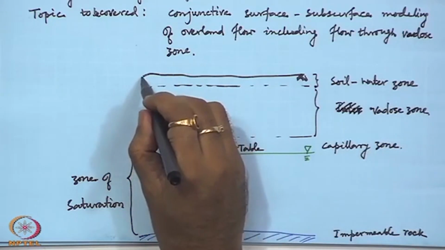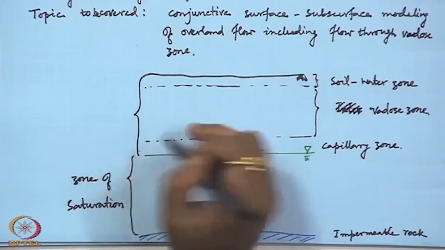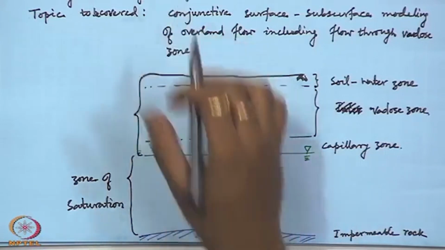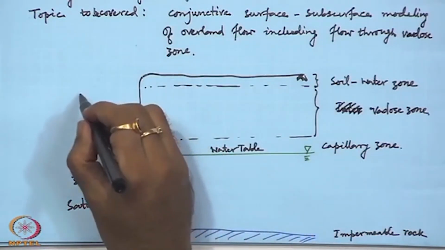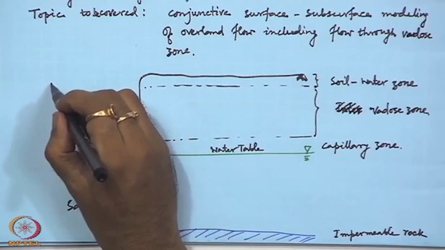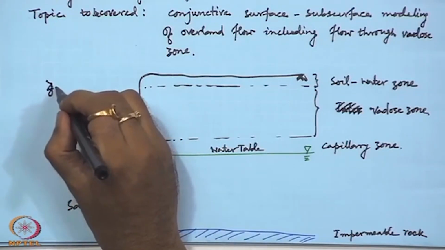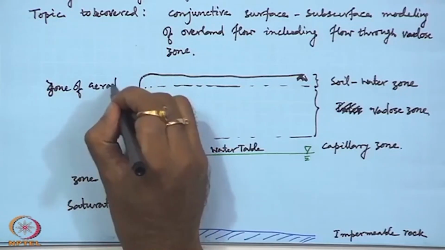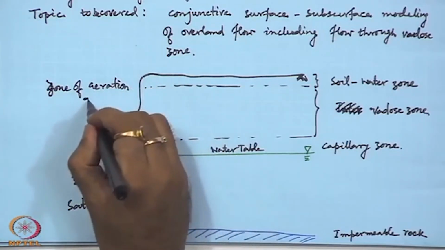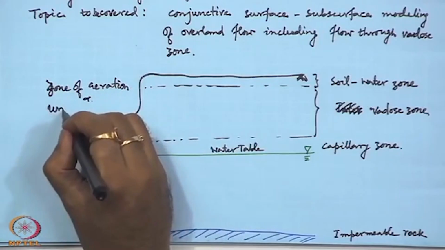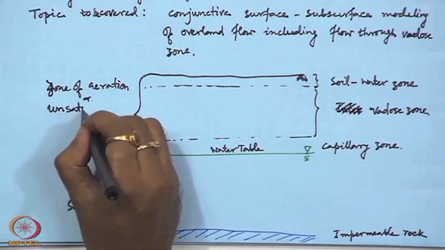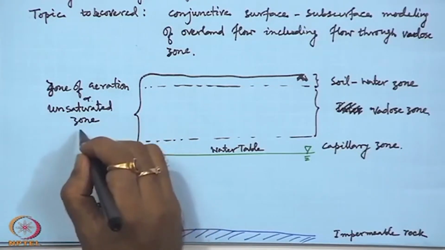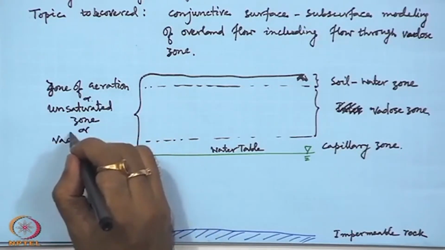Sometimes this total region starting from water table to ground surface is called as zone of aeration, or unsaturated zone, or vadose zone.